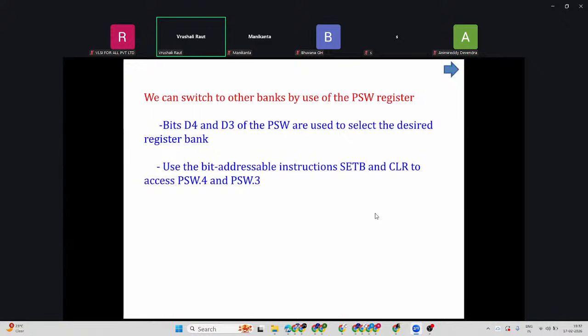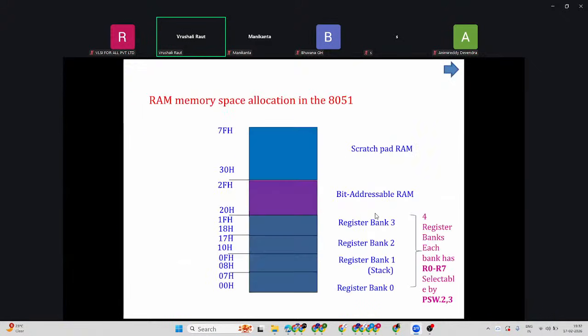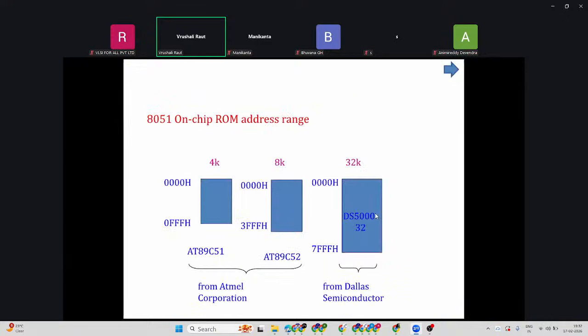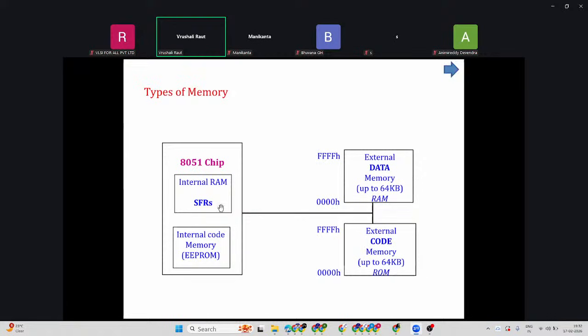Now, today, in continuation with this, I would like to show you how to access the external memory. Look here, if you remember, I have shown you this diagram. This is our 8051, and in this 8051, internal RAM is 128 bytes and internal program memory EEPROM is 4 kilobytes.